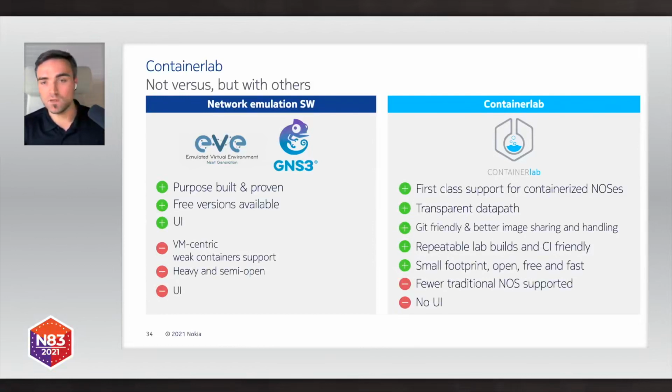So if you want to learn something new or want to get some automation experience, it is really easy to deploy just a few nodes with ContainerLab and explore the YANG models or the NETCONF of the nodes that you created without really having anything but just Docker installed on your laptop or virtual machine.